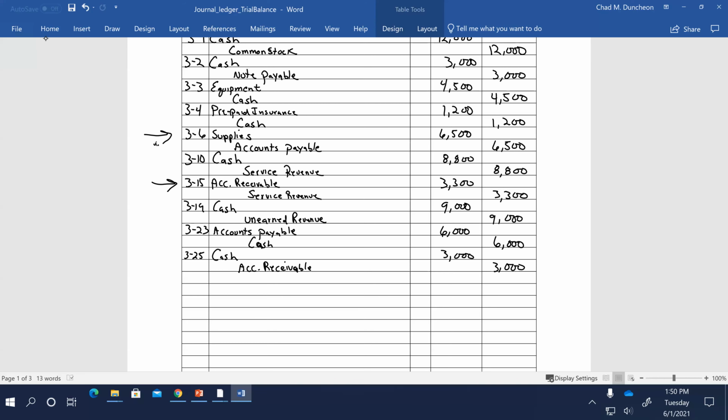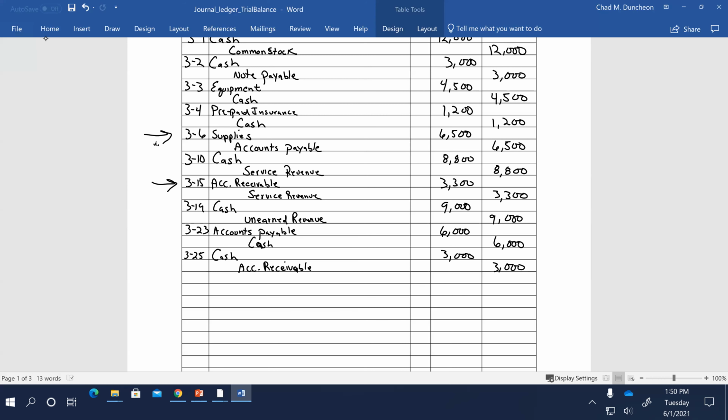And as you can see here, even though they're paying for services, we already recorded the revenue, which is the value we get for services performed and received. So we don't want to double record it here. We've already recorded the revenue, they're just paying us for something we already did, so they no longer owe us, which allows the receivable to go down.